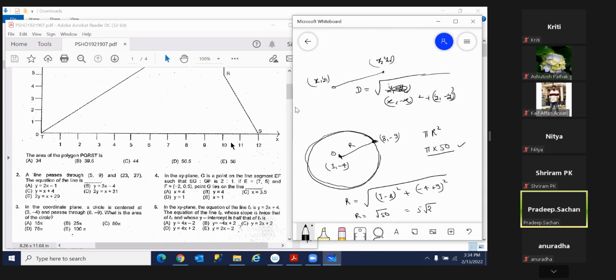So all points lying on circle will lie on circumference, here, here, here. This is called my circumference. And there will be a center in the middle of the circle. And we know distance between point on the circumference and center will be nothing but radius.